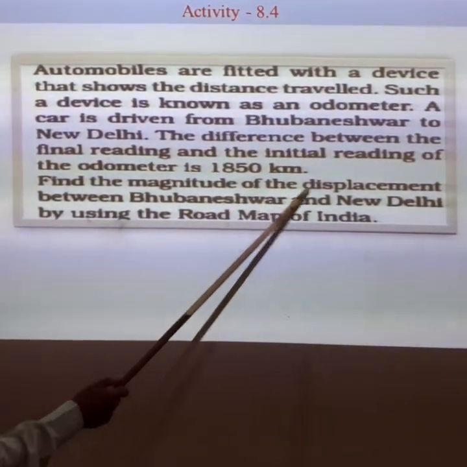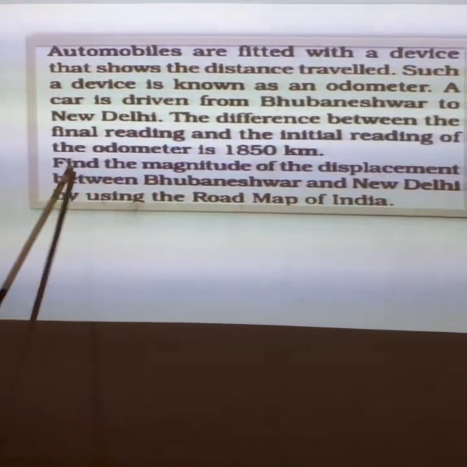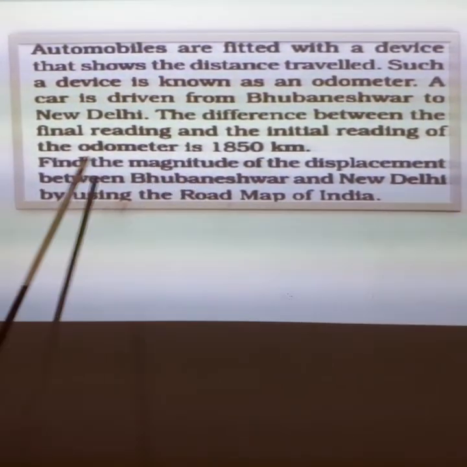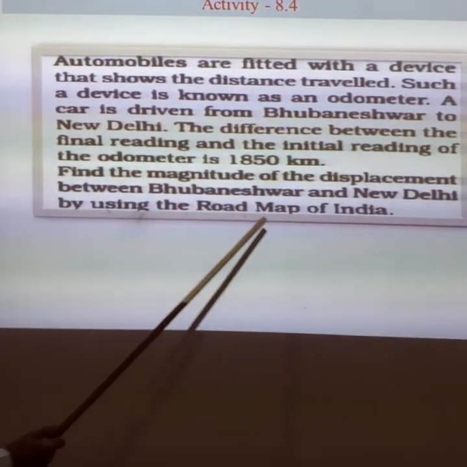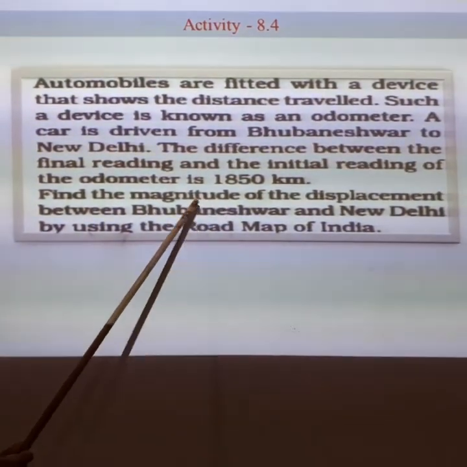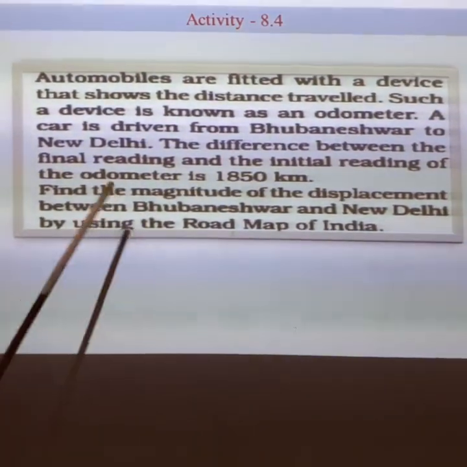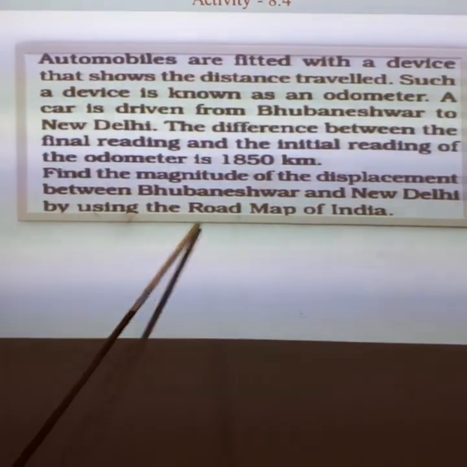So this is the distance travelled by the car. Now we have to find out the magnitude of displacement, that is the shortest distance between Bhubaneswar and New Delhi using the road map of India.